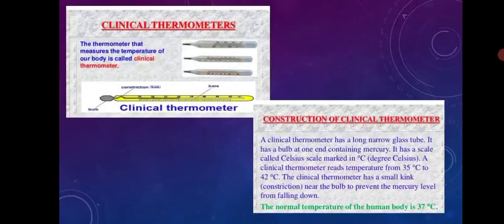The mercury in the bulb expands according to the temperature in the mouth and its level increases in the capillary tube. We take out the thermometer from the mouth after keeping its bulb in our mouth for about a minute and read the mark on the scale to know the body's temperature.